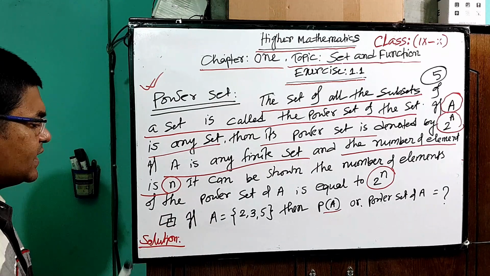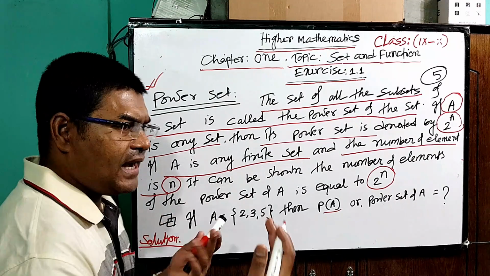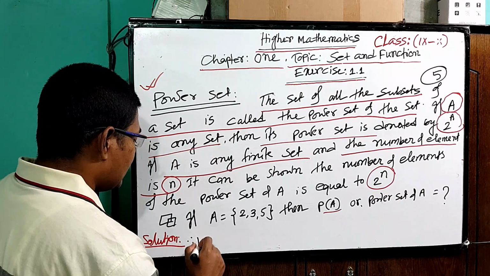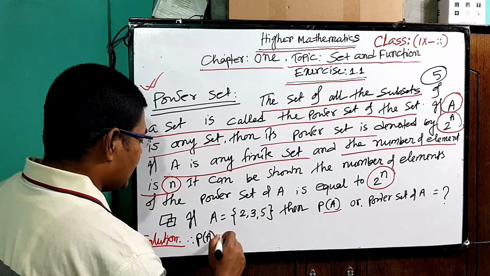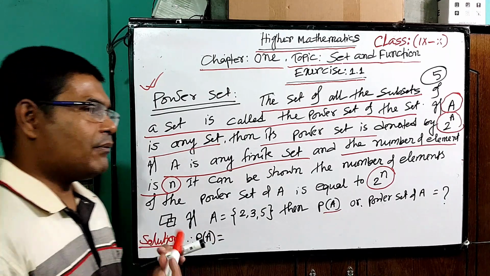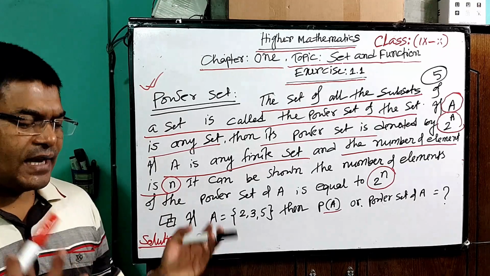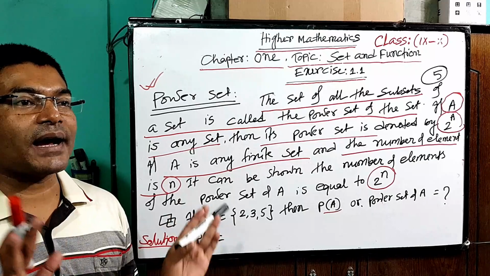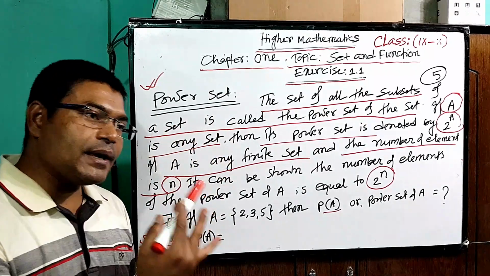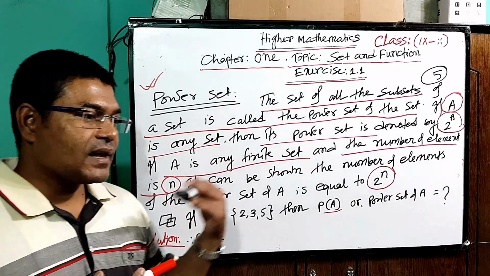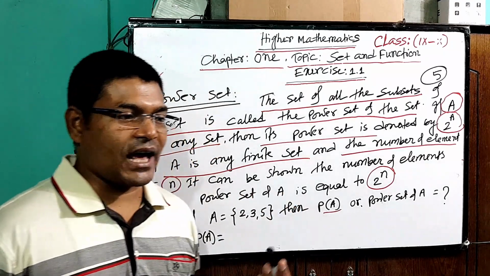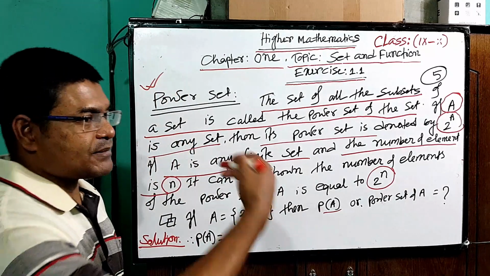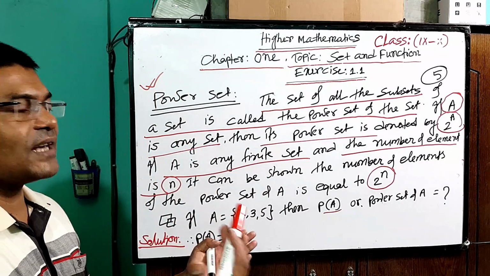P of A, that means power set of A, equals. When you solve any maths about sets, you have to use second brackets. Be careful, for every set related maths, you have to use second brackets.